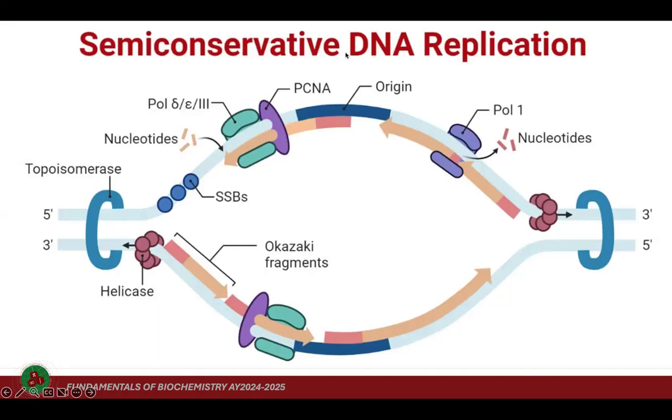Okay, so recall that this is our ori or origin. So this is where the synthesis of the new DNA will take place. So if you are looking at this replication fork on the left side, then this will be your leading strand. But if you are looking at the replication fork on the right side, this will be your leading strand. Okay?